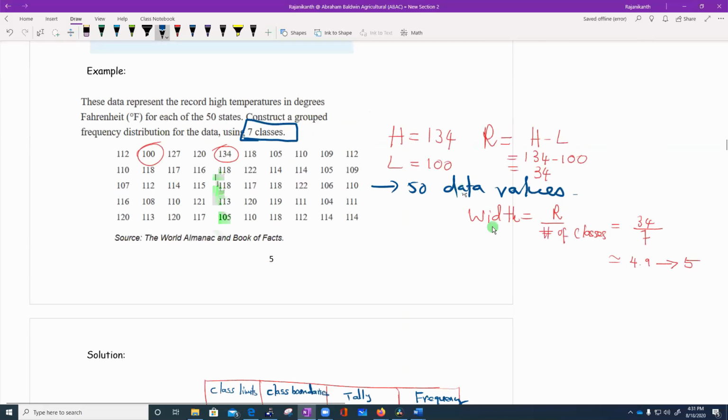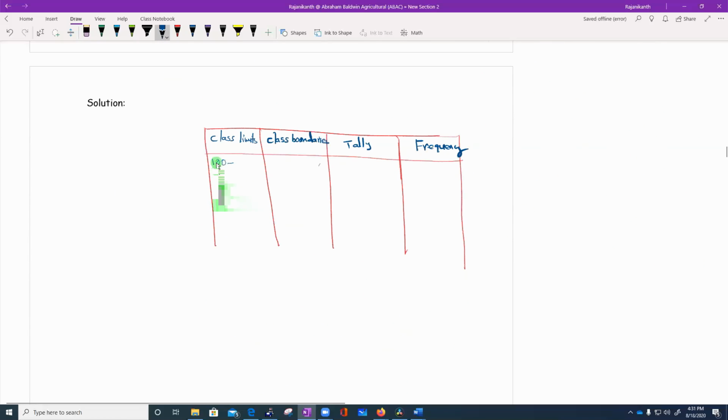We already know the class width is 5, right? So simply add 5 to this 100 to get the second lower class limit. 100 plus 5 is 105. 5 is my rounded up class width. To get the third lower class limit, again add 5 to this number, so you get 110, and keep on doing that.